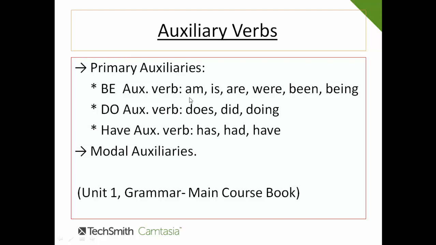Primary auxiliaries include am, is, are, was, were, been, and be. They will change their form as per how they occur in a sentence. The do auxiliary includes do, does, did. The have auxiliary includes has, had, have. Like I said, these will change their form according to subject-verb agreement.